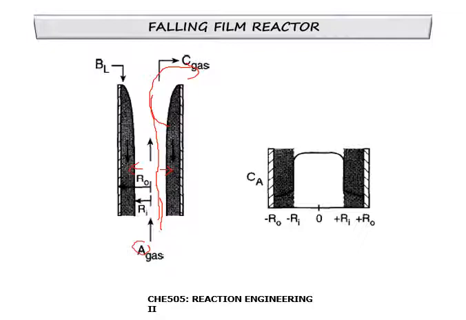Right, in terms of how to find the dimensions, from here to here is R0. Okay, sorry, from here to here is Ri. So this is the thickness of the liquid.